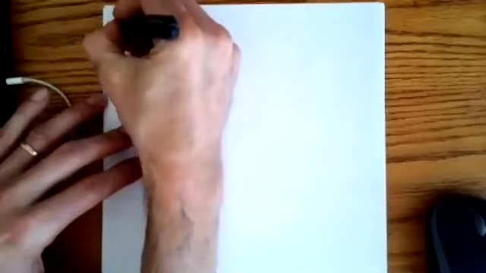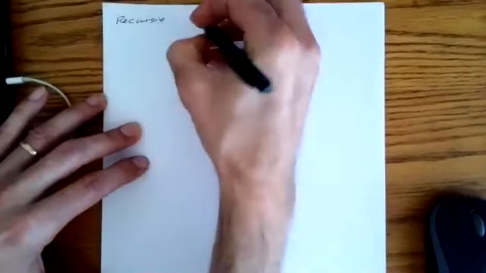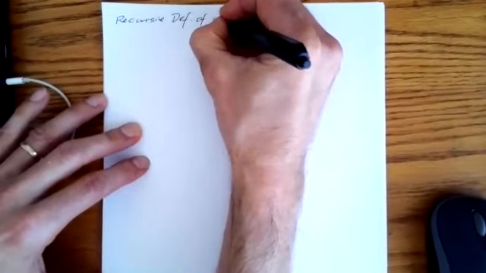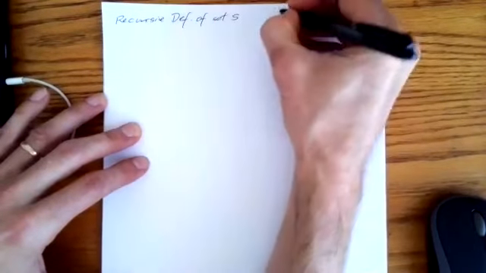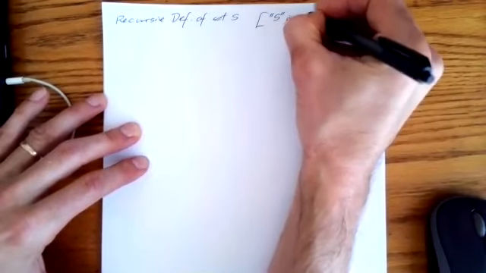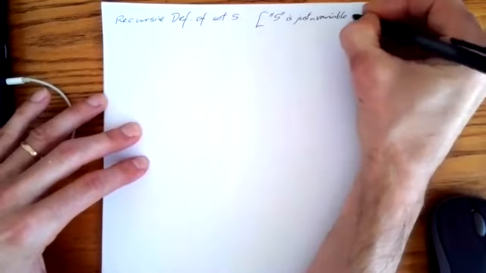So, a recursive definition of a set, and I'm going to call it S, but here S is just a variable name.